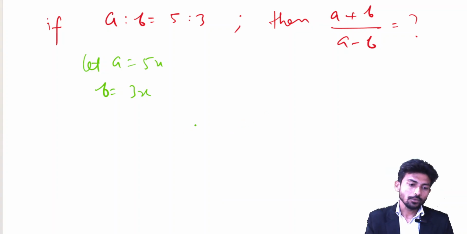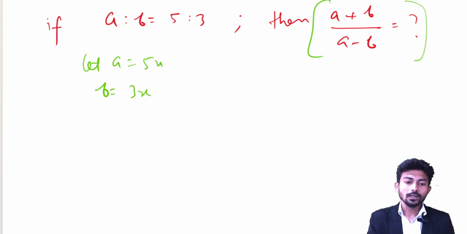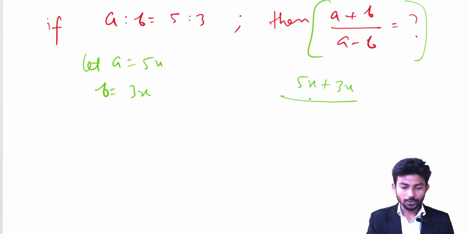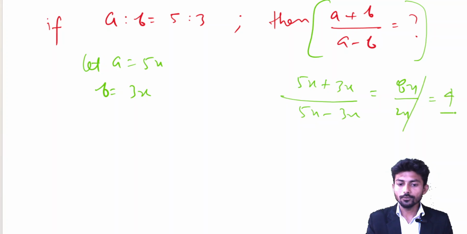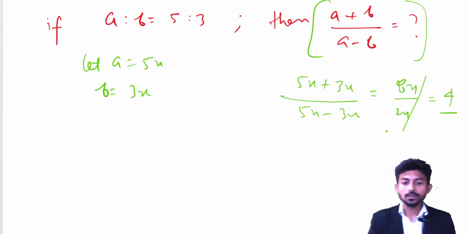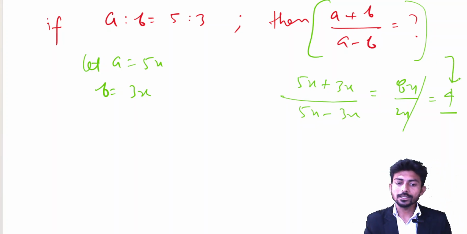If A is 5x and B is 3x, then I will substitute these values in this fraction: instead of A I will write 5x, for B I will write 3x, while in the denominator I will write 5x minus 3x. Solving this further, I will get 8x over 2x. So x and x get cancelled out, and I will get 4. This is the exact value of the fraction which is being asked.